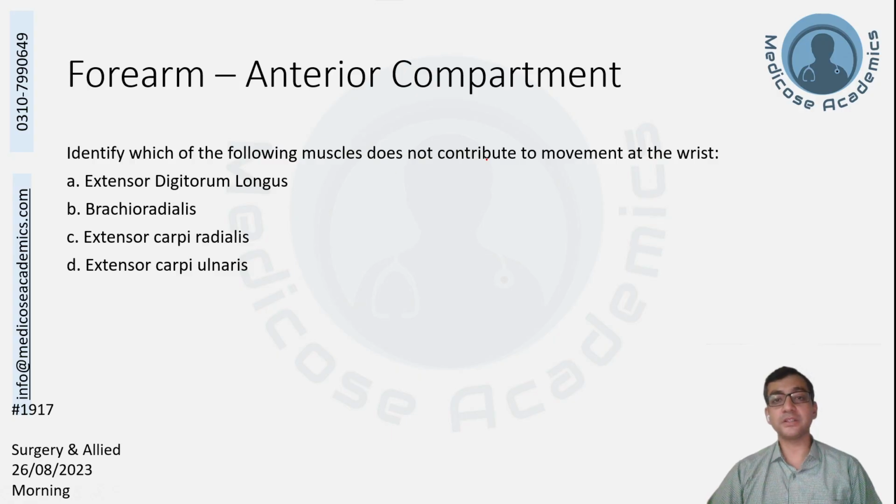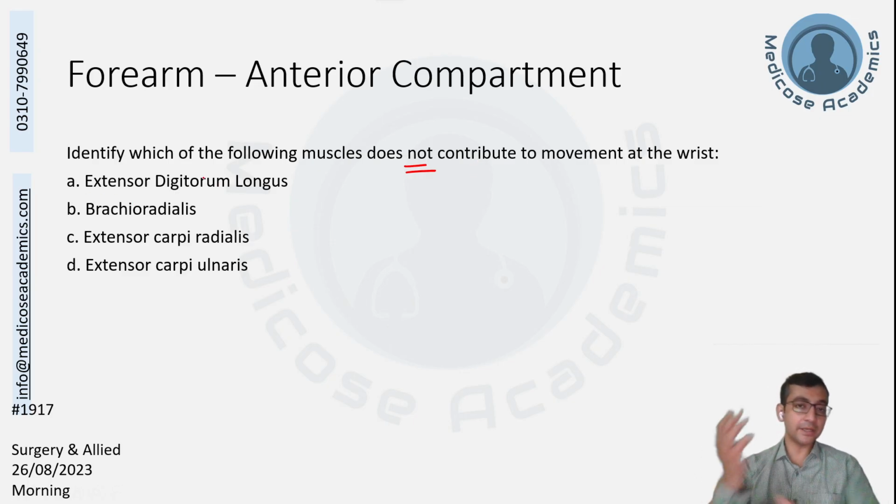Which of the following muscles does not contribute to movement at the wrist? Extensor digitorum, it actually goes to the fingers, but indirectly it does some extension at the wrist. Extensor carpi radialis, it extends and radially deviates. Extensor carpi ulnaris, it extends and medially deviates.